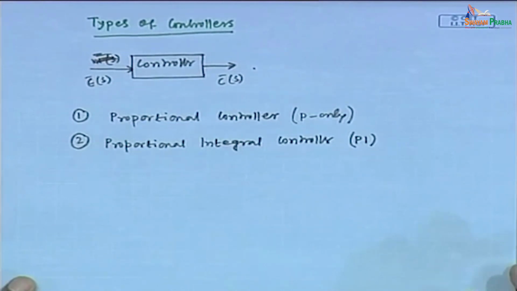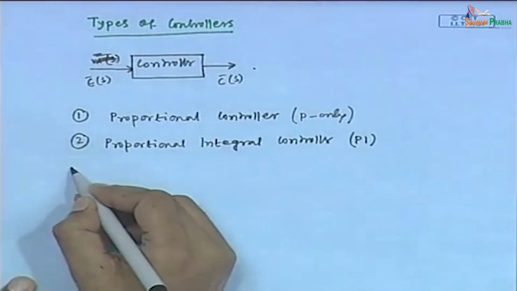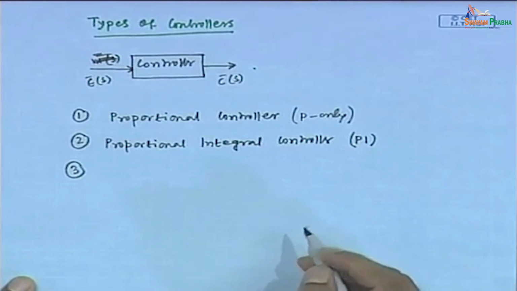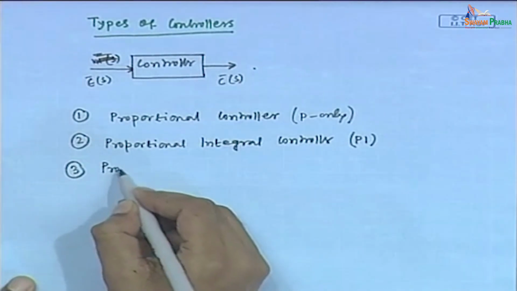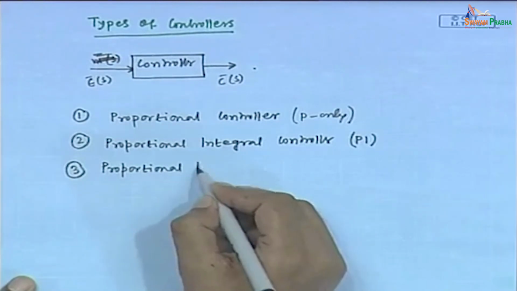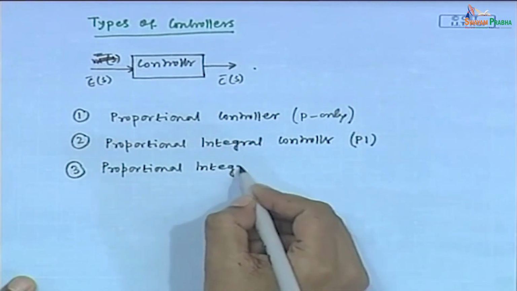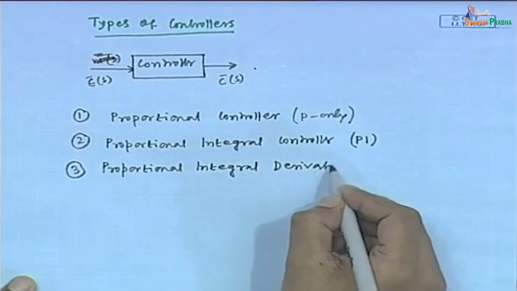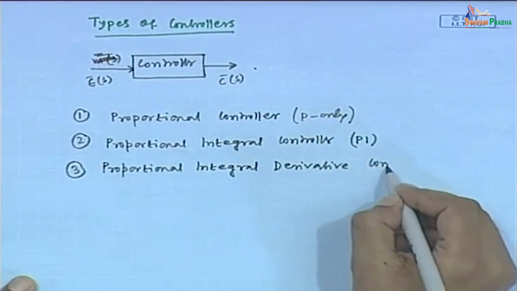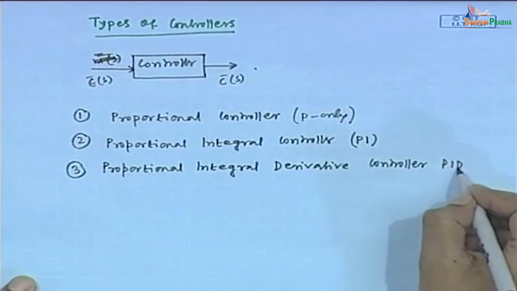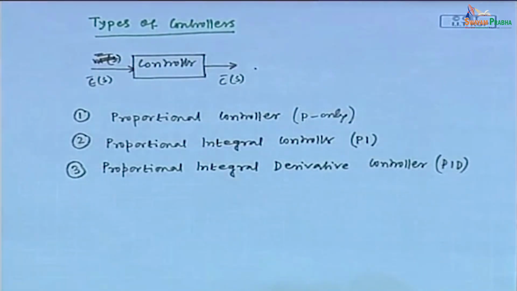Proportional integral controller additionally includes the integral term. Third controller is proportional integral derivative controller, which we can call as PID controller.